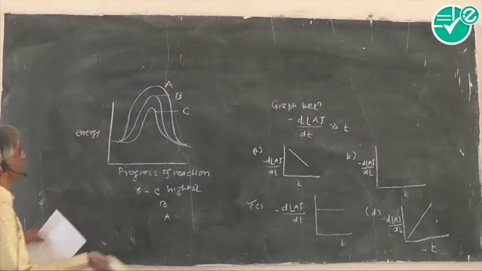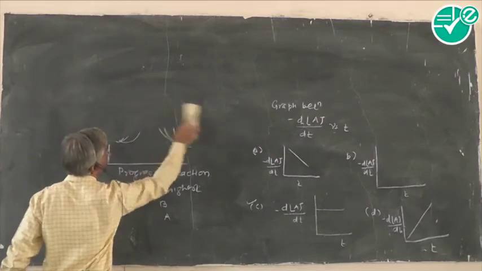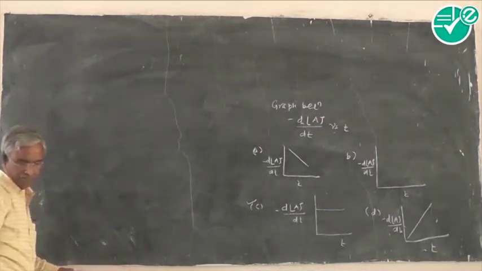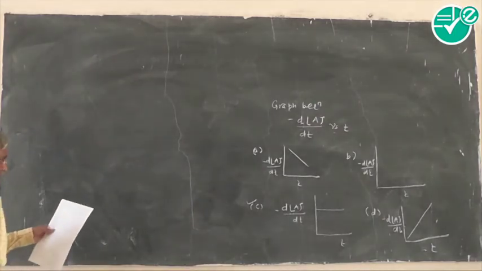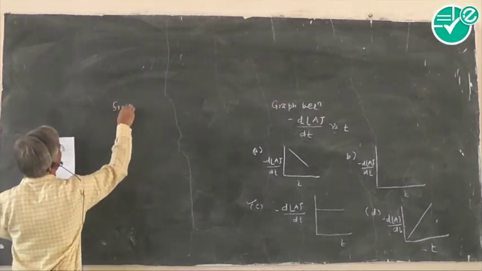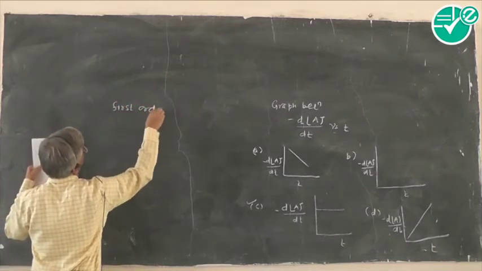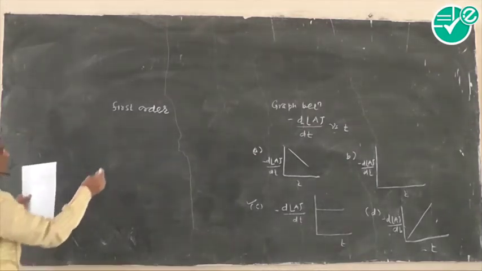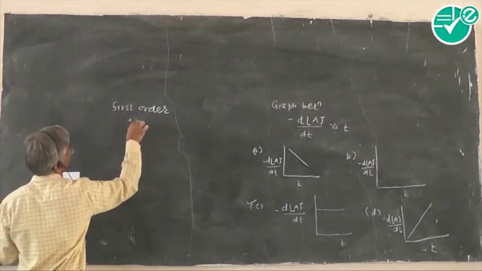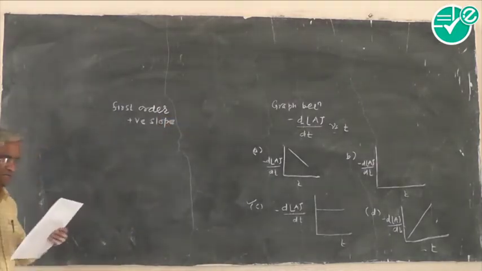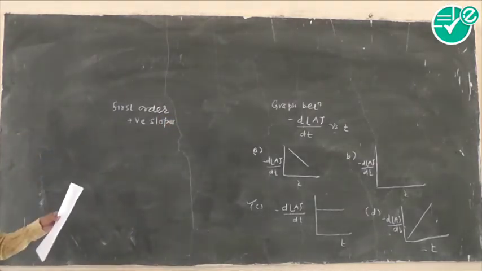One more that is asked on the graph indirectly. In a first order reaction, to obtain a positive slope, they want a positive slope, not the negative one.